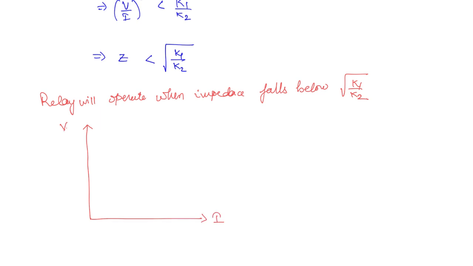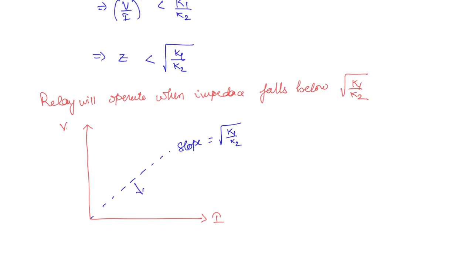If this is the V and I, what will be the impedance? Impedance will be the slope. Let us say we are taking a slope which is equal to root over k1 by k2. Now the slope, if it is less than this value, then the relay will operate.